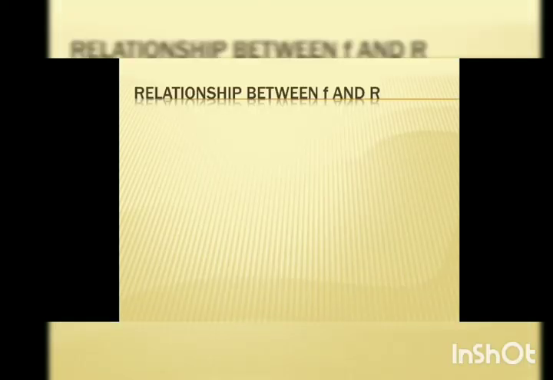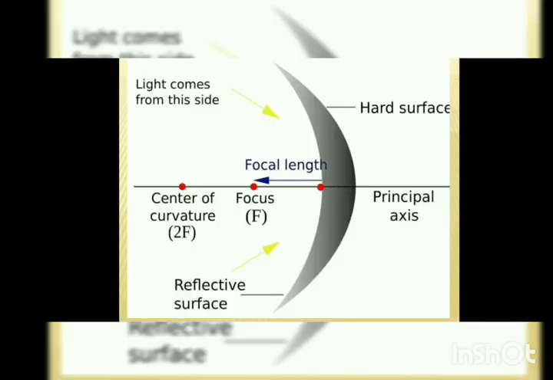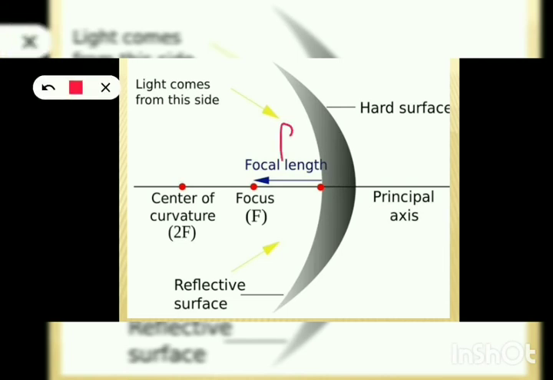And there is a relationship between small f, that means focal length, and capital R, that is the radius of curvature. So what is that relation? It is R is equal to 2f. That is, radius of curvature is twice that of focal length. If you look at the previous slide, you will understand the relation. Here you can see this is the focal length f.